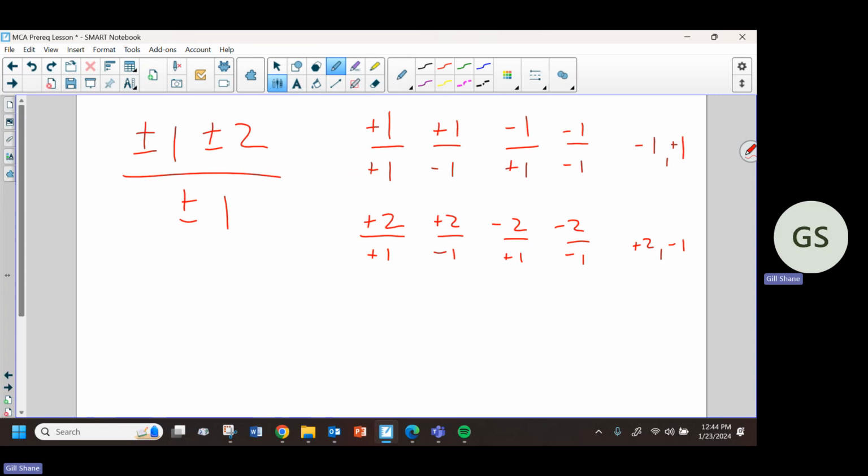I'm just gonna show you, because these two don't know how fractions work. 2/1: you have 2 groups, and they each have 1 in them. You have 2 things. So this gives you +2.